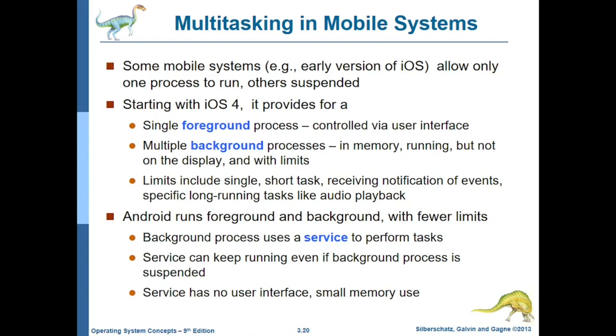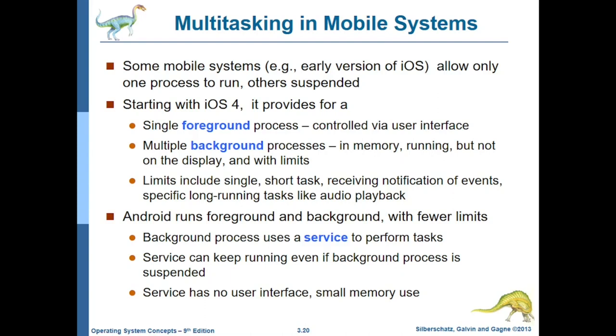Another way to implement multitasking is to allow both foreground and background processes to run without many restrictions. This is the case for Android, the operating system for smartphones and tablets that use Google software.